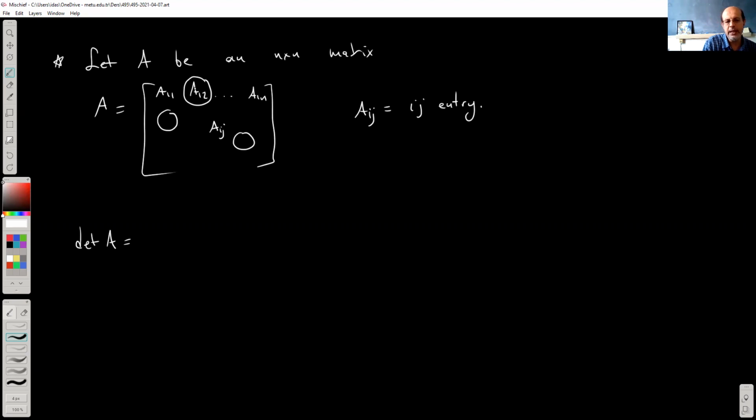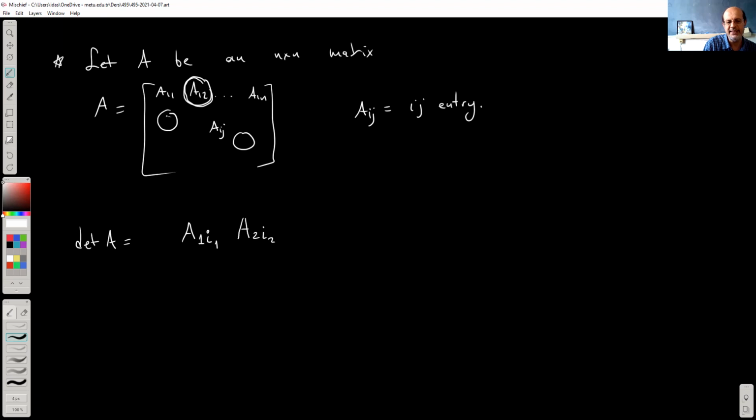So for example, if I choose on the first row, this is the element that I have chosen. In general, I can write this down as, on the first row, let's say the element that I have chosen is A1, I1, right? Let's say that in the second row, I'm choosing an element, A2, I2.